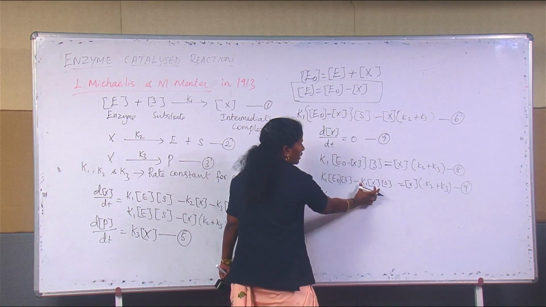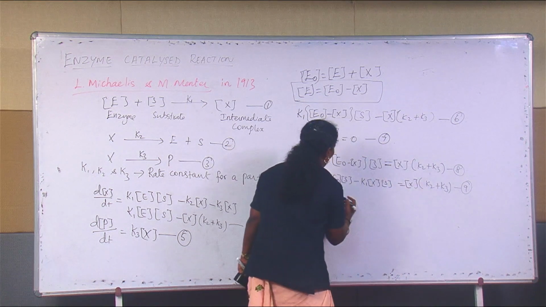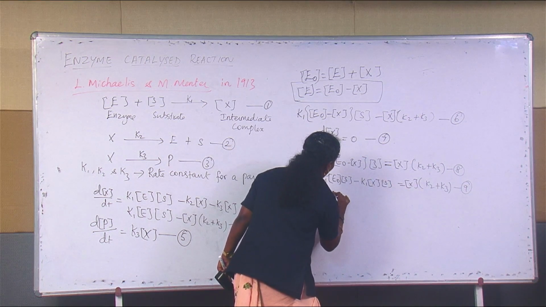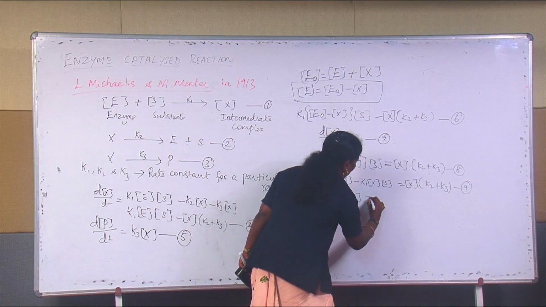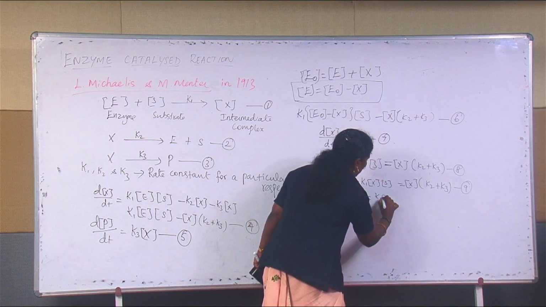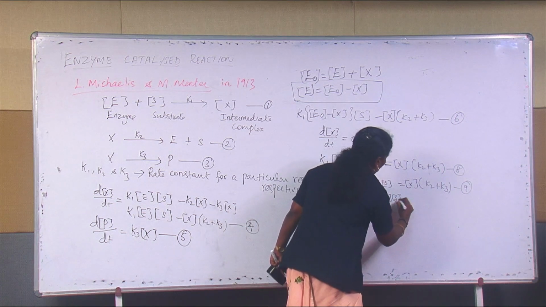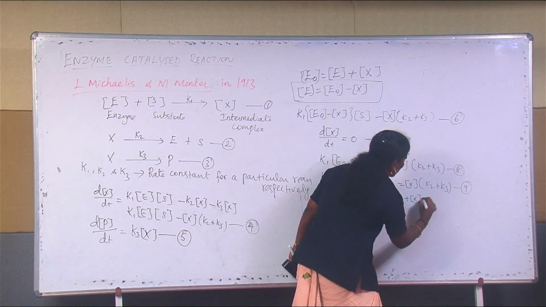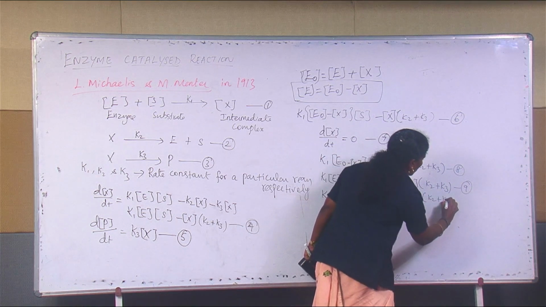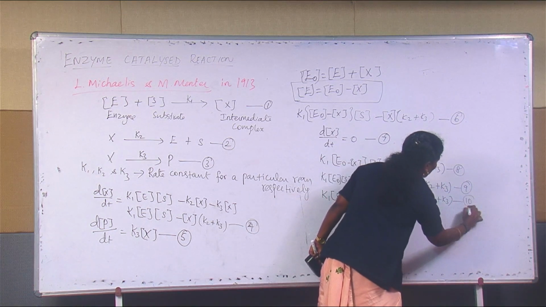Again, the negative term changes to the other side, so K1 E0 S equals K1 X S plus X times (K2 plus K3). This is equation number 10.